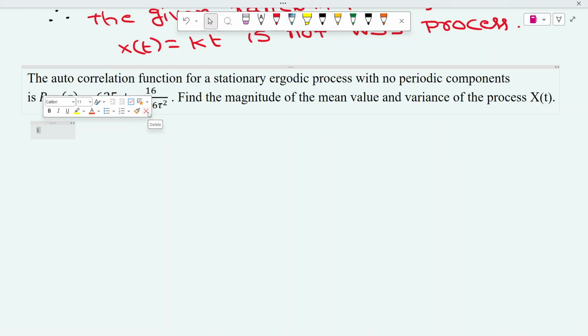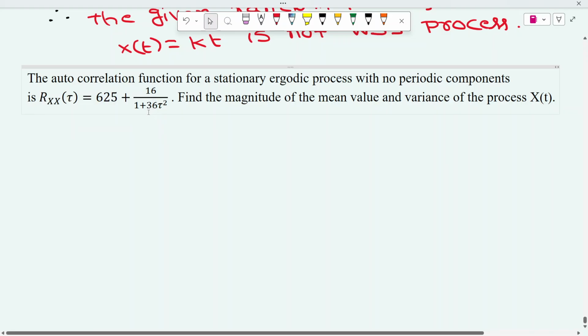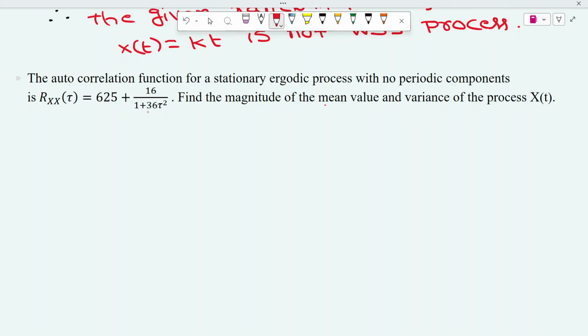So in the last few videos we have seen how to check whether the given random process is wide sense stationary or not. In this video we will see another very important problem in this unit. Given an autocorrelation function, we have to find the magnitude of the mean value and variance of the given random process.